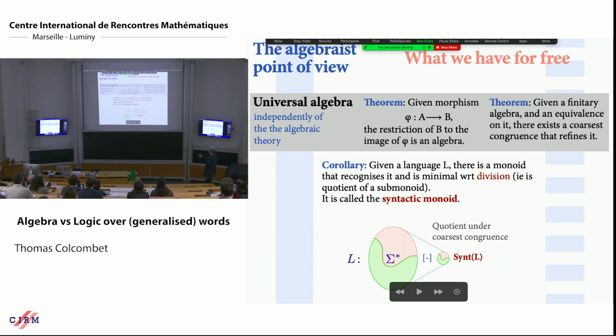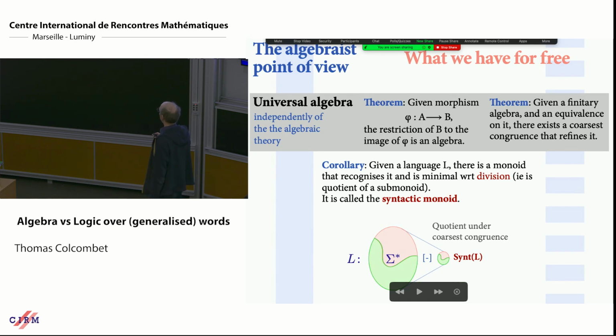And when you use that, you get as a corollary that when you are given a language L, there is a monoid that recognizes it, and which is furthermore minimal for division. In the finite case, this is like minimal in the number of states, but it's a strong minimality in the algebraic sense. So division means it's a quotient of a subobject.